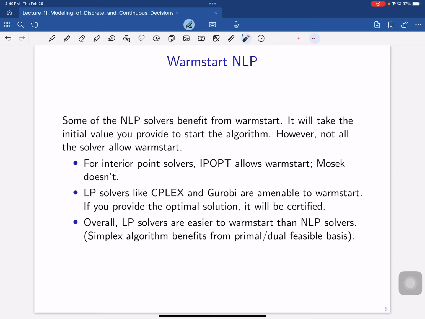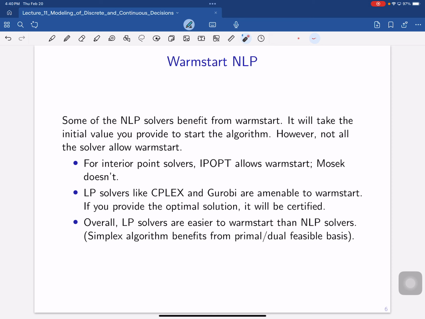And then linear programming solvers like CPLEX and Gurobi are also amenable to warm start. Right? If you provide the optimal solution, it will be immediately certified by the linear solvers. And usually the LP solvers are easier to warm start than NLP solvers, because you can think about the algorithm.